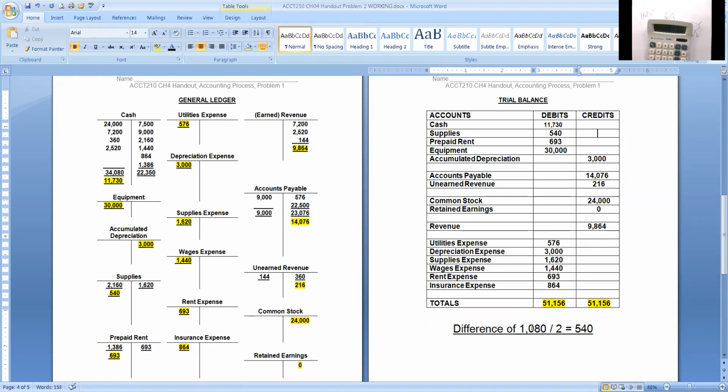So if you come up with a difference that you can't find, like this 1080, you look around, hey, there's no 1080. If you take half of it, that might indicate that you have a debit and a credit mixed up.